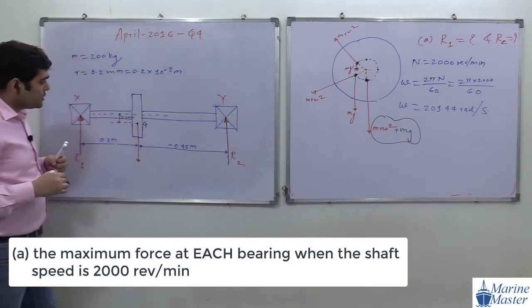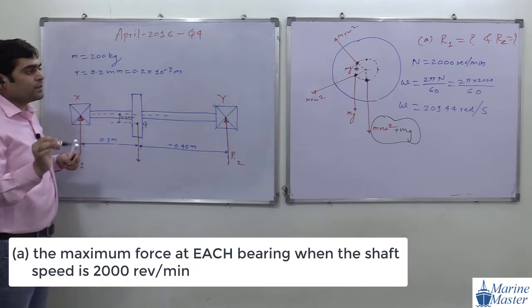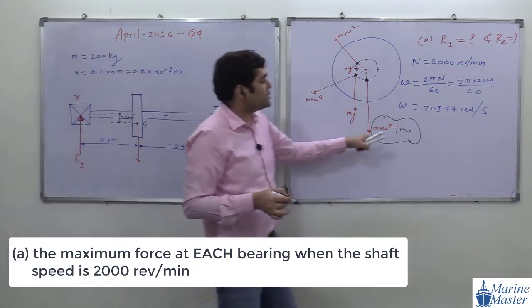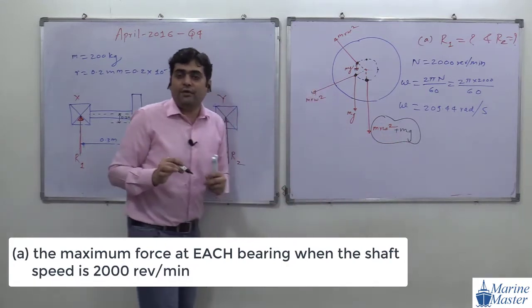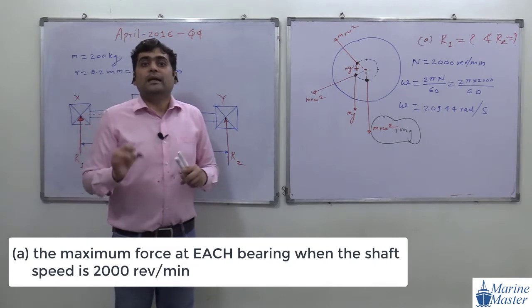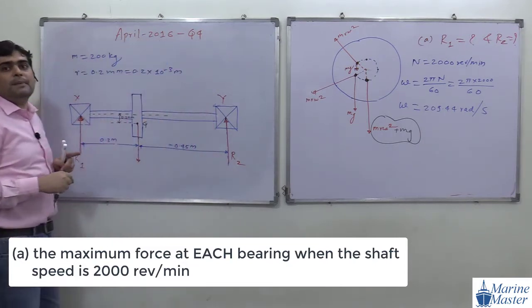When G is at the bottommost position, the overall effect of mr omega square and mg, the centrifugal force and weight, will be maximum. And when their effect is maximum, the forces at the bearings will be maximum.